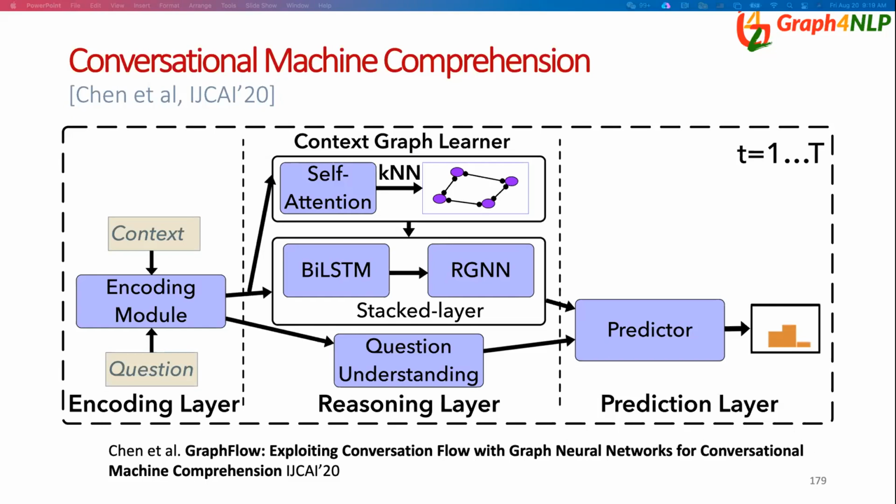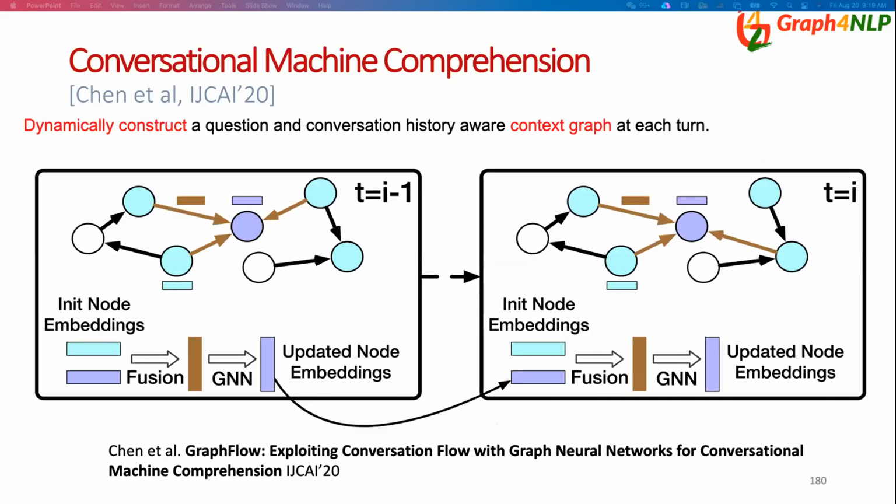It also has a context graph reasoning component using a novel relational GNN module to model a sequence of context graphs in a conversation, which we will explain a little more in the next slides. And finally, the prediction layer predicts the answer location by matching question and context embeddings.